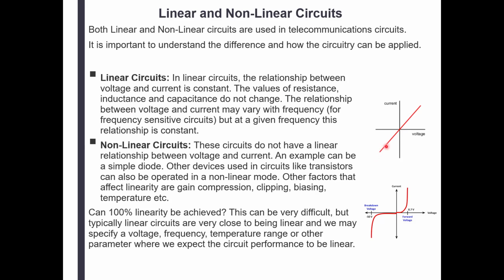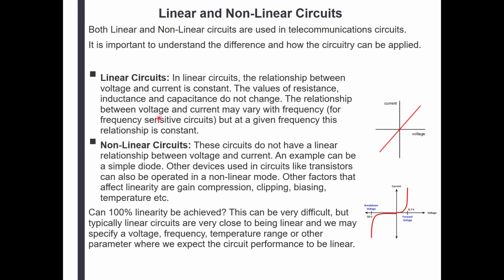So there are going to be certain changes in the behavior of whatever the components, as we're dealing with the reality of things. The values of resistance, inductance, and capacitance do not change. However, they might change depending on what's happening to them.